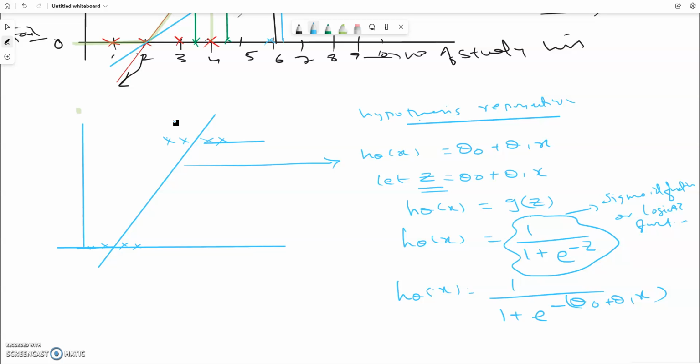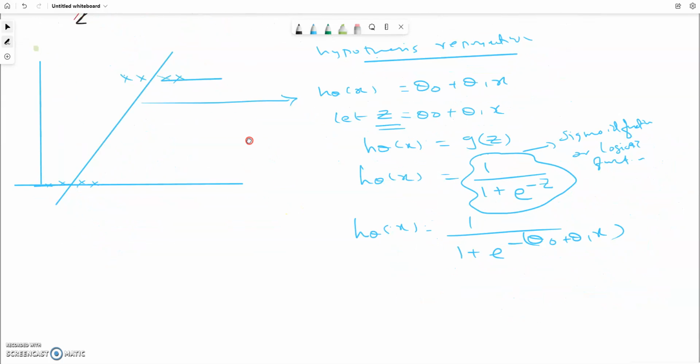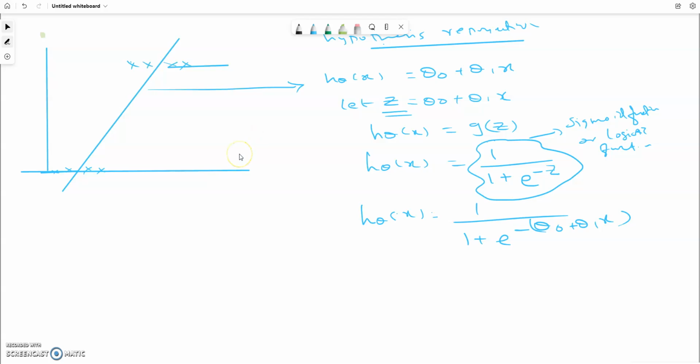Now, as I have shown you in the Excel sheet in our earlier video, I just wanted to draw a graph here, because I'm turning linear regression into logistic regression. Let's see what is happening here.